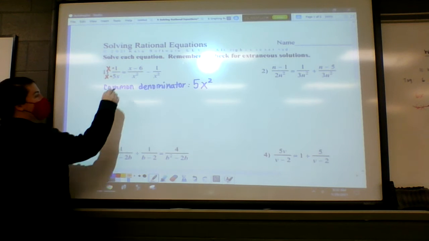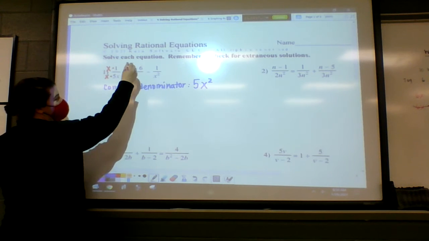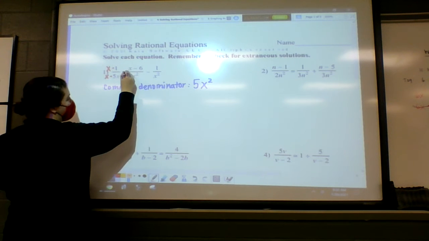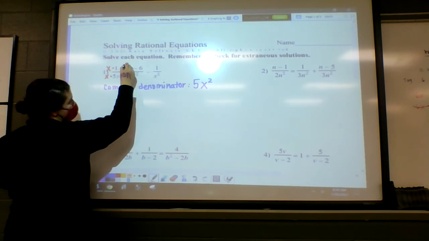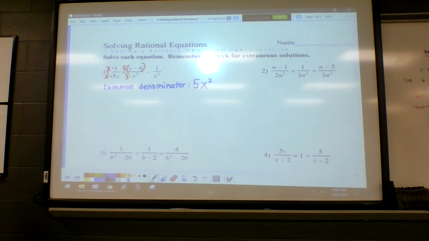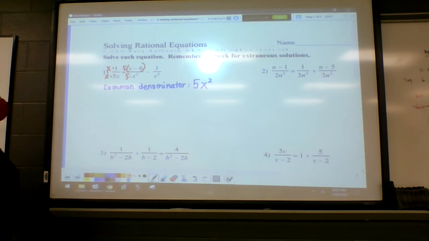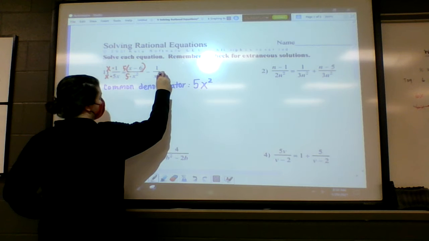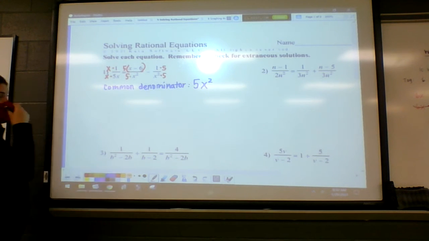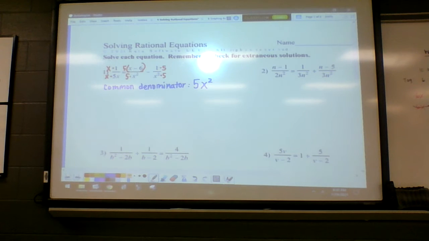This second one here, what does it need? It needs a 5, so we're going to times the bottom by 5, and we have to times the top. Since the top has 2 pieces, you have to times both pieces, so put parentheses around it because we're going to have to distribute there. And then the last piece needs a 5, so that's going to be multiplied by 5, and the top also multiplied by 5. Now every single one of our denominators is a 5x squared, isn't it?